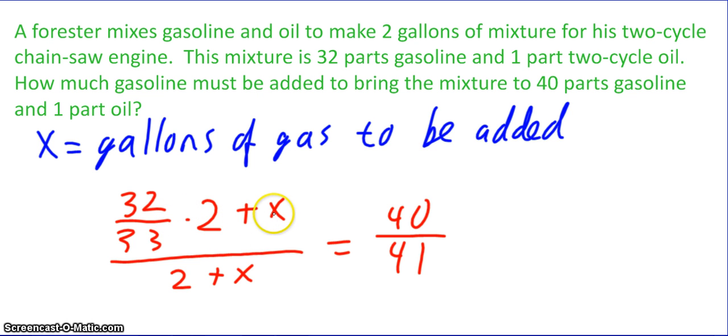Now I'm going to add some x amount of gallons of gas. I need to divide this quantity by 2, the total amount of gallons, plus this x as well. This is going to eliminate the gallons as a unit right here, and allow me to work in parts, since that's what this side of the equation is.